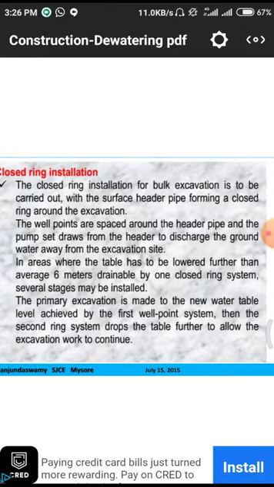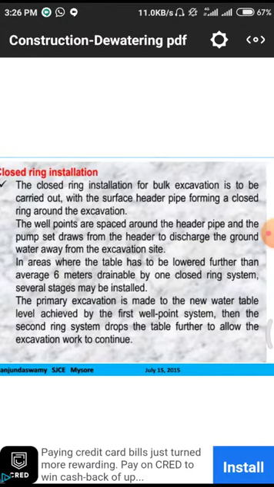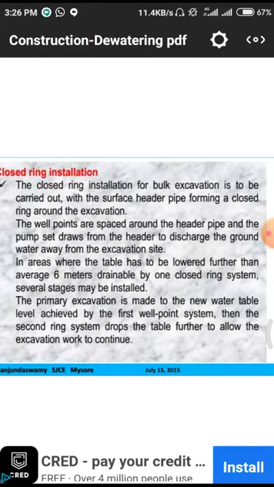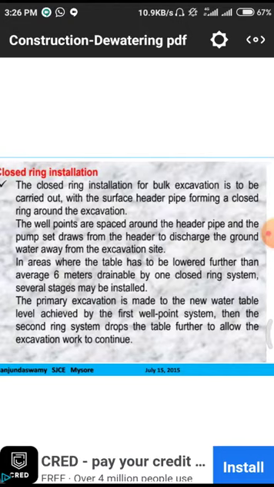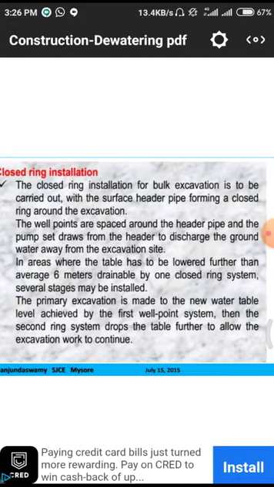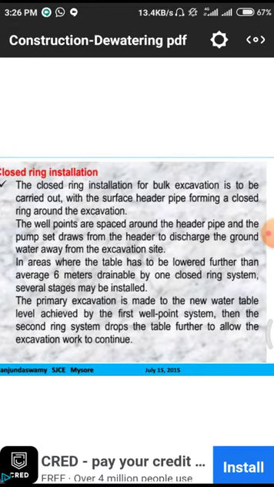In areas where the water table has to be lowered further than the average 6 meters drainable by the closed ring system, several stages may be installed. Normally in the well points we have small spaces for the dewatering points, and in those small spaces we have to use these riser pumps.